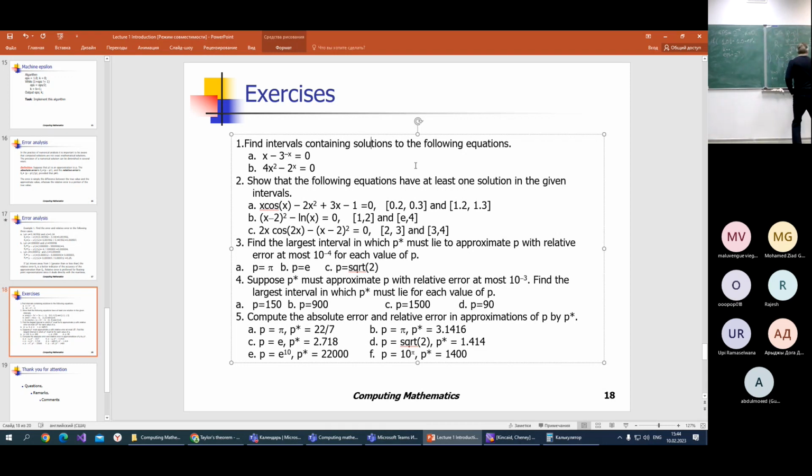So if I take 0 and 1, at the point 0 the function equals minus 1. At the point 1, the function equals 2 over 3. And I decide that between 0 and 1 there must be a root of the equation x minus 3 power minus x equals 0.